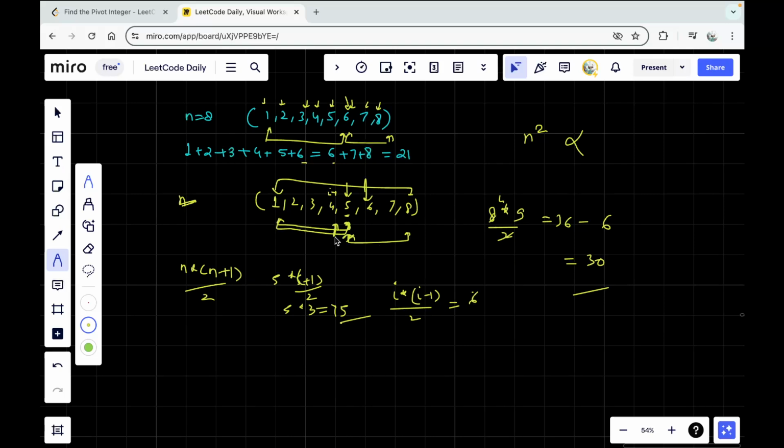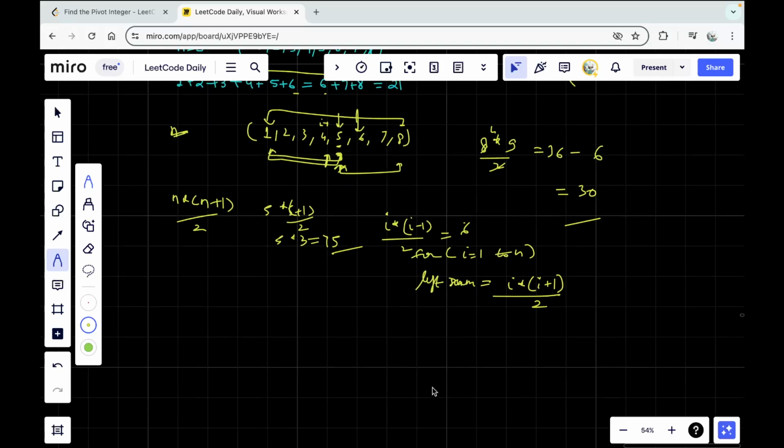So what are we going to use? We are going to calculate a left sum. We'll have a for loop iterating from I is equal to 1 to n. Left sum is I into I plus 1 divided by 2.